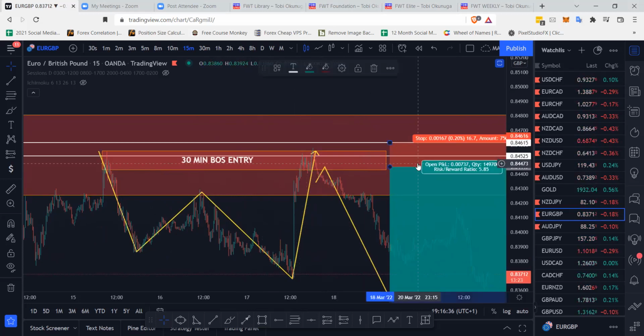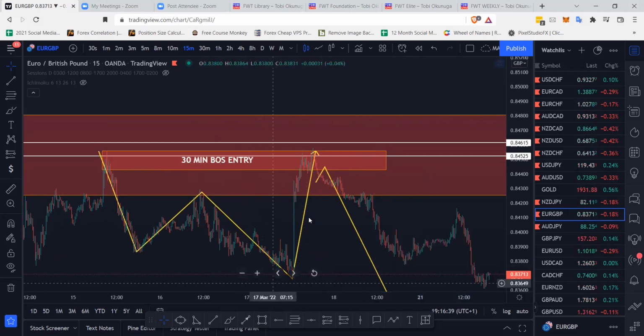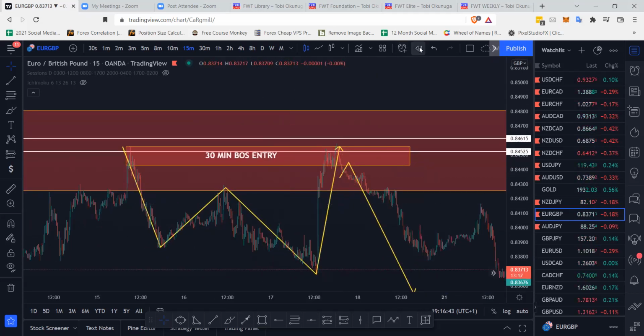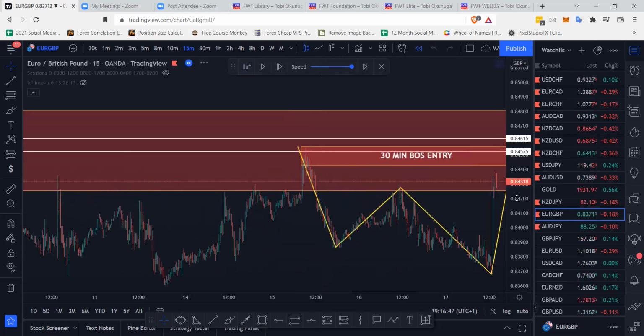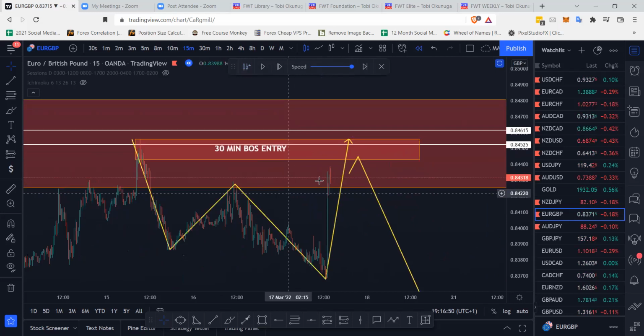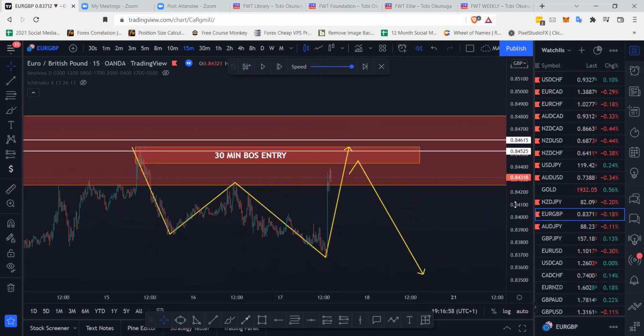So this was a trade setup. I think it was around here when we posted it on the group. So we told you that when price gets into this order block, you should take entry. That was on Tuesday, Wednesday or Thursday, thereabouts.